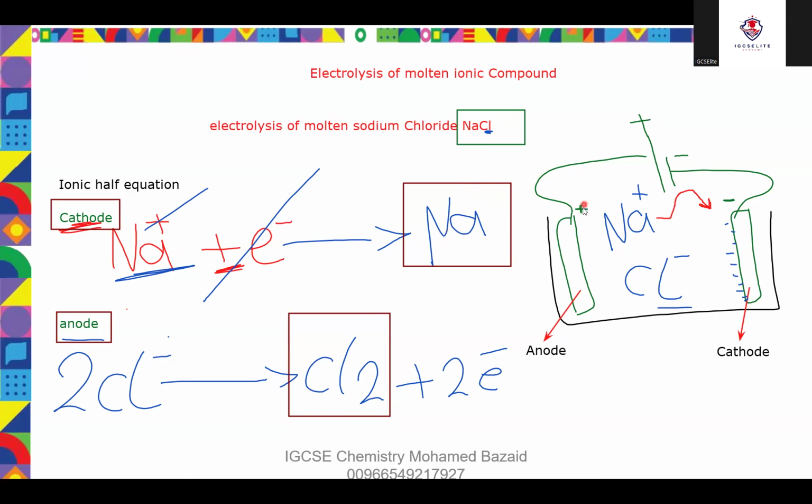For anode, which is a positive, it will attract Cl minus, but remember, always write 2Cl minus. 2Cl minus will give you Cl2, chlorine gas, plus 2 electrons. What are the final products of electrolysis? Sodium at cathode, chlorine at anode. That's it.